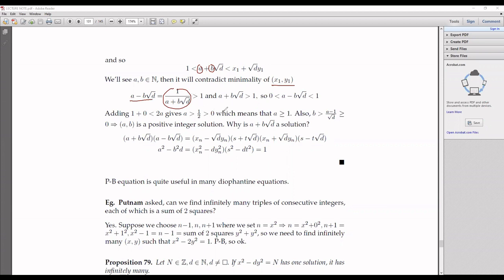Now, this is a typo here. a plus b root d is greater than 1.